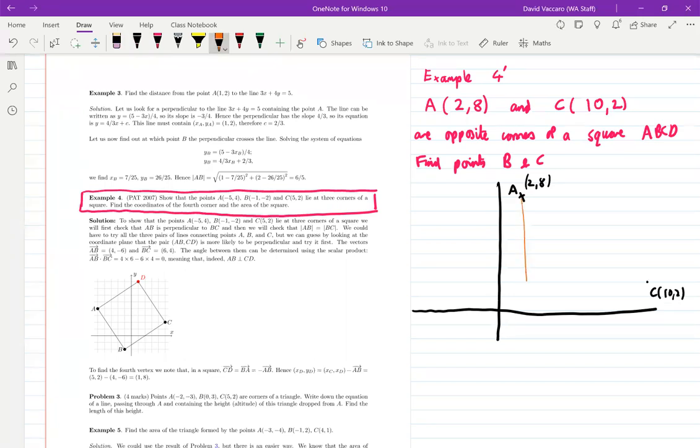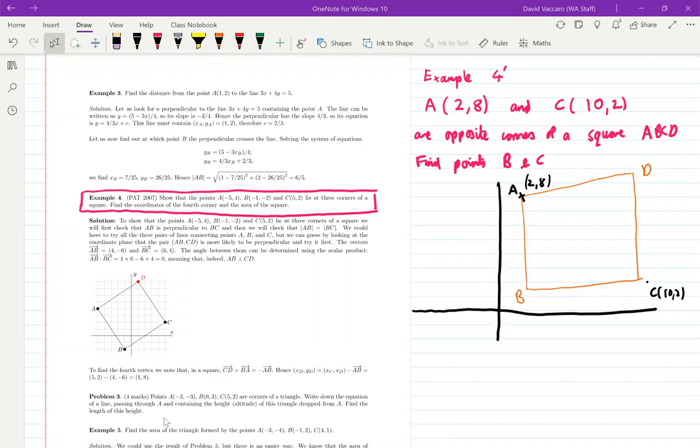And then we've got, I've drawn it a little bit badly, but we've got points B and D. This is clearly a more difficult question than the previous one, because the previous question gave me 3 points, whereas this one has only given me 2 points. Now, let's see how we could do this.